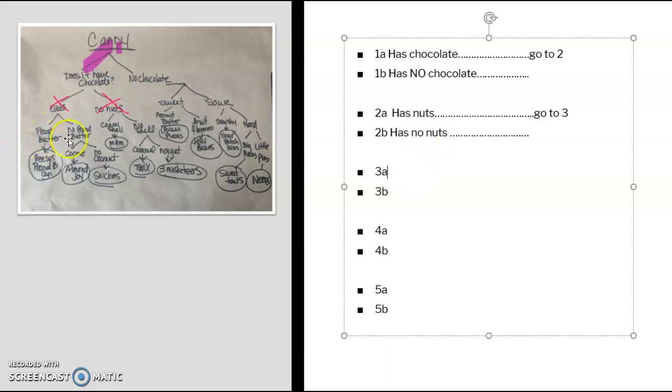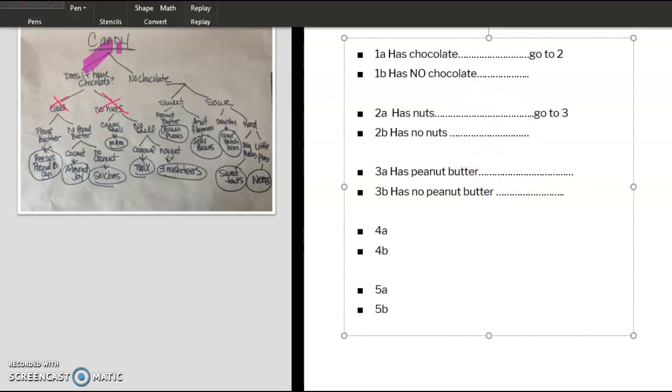Now the next question is, it has peanut butter, or it has no peanut butter. I'm just going to put some dots here.